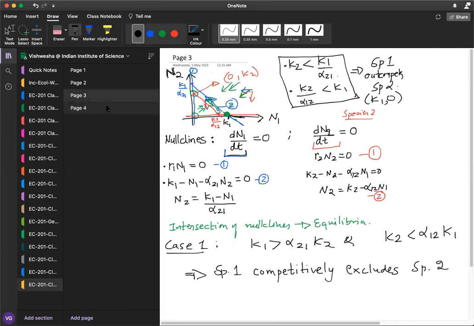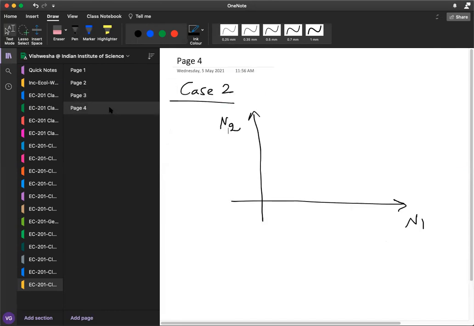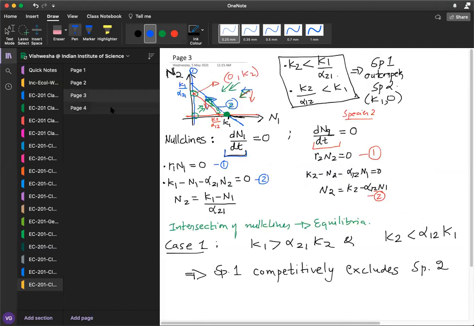Let's write the blue lines; we can always keep them fixed. One is the N1 equals 0 null line. The other one is this null line where it hits here at K1, and here at K1 by alpha 2-1.